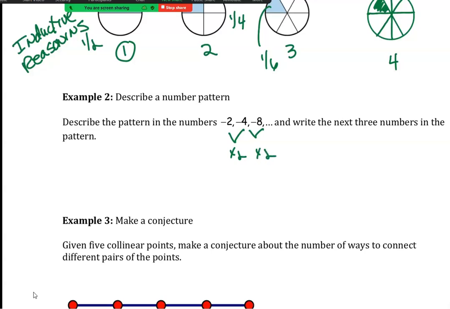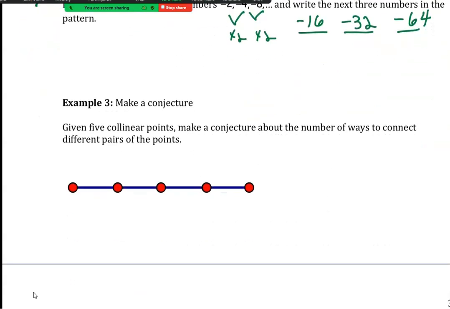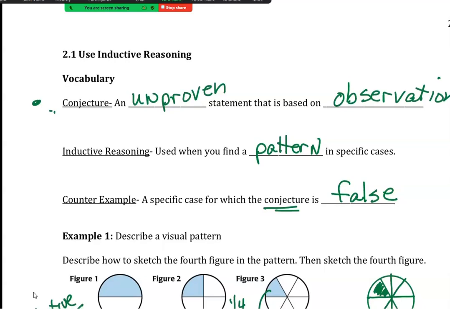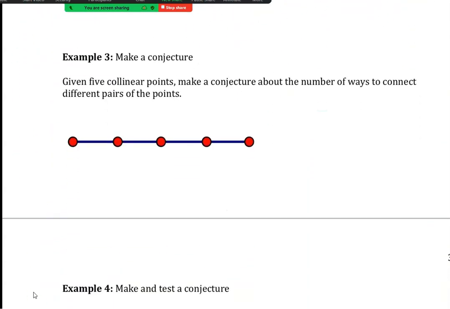And if we're going to write the next 3, I would take the -8 times 2 and get a -16, the -16 times 2, -32, and the -32 times 2, -64. Again, also inductive reasoning. Okay, this says make a conjecture. So conjecture is an unproven statement that is based on an observation.